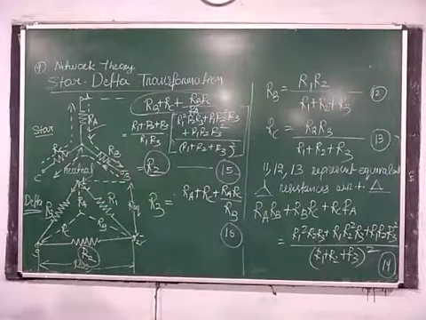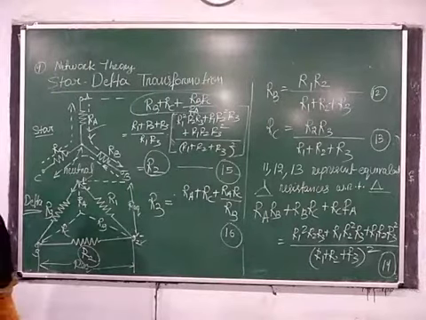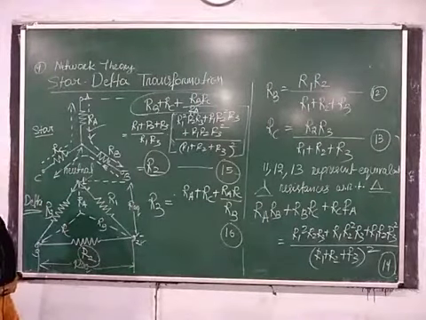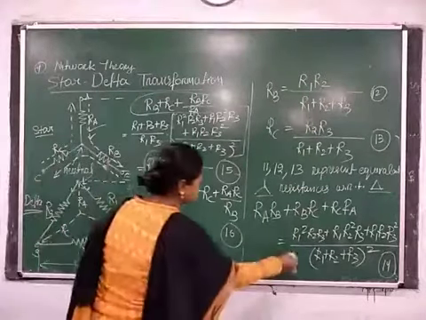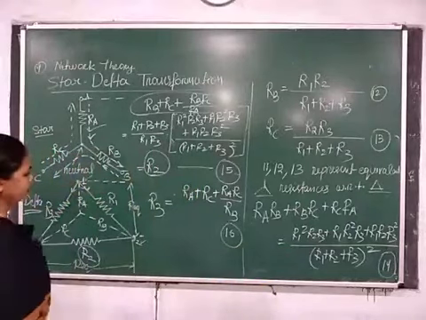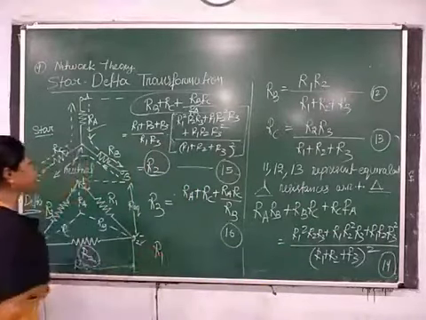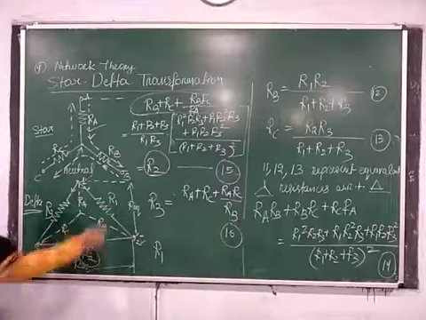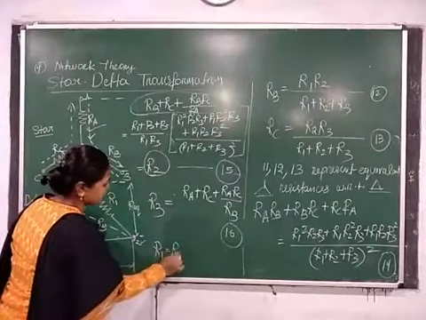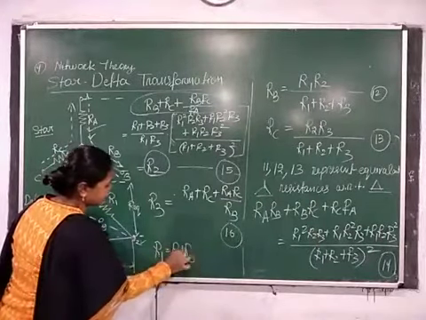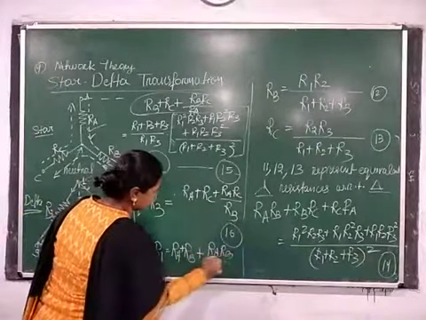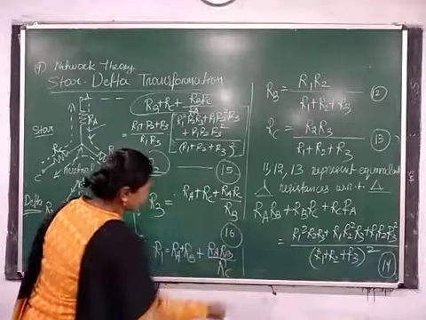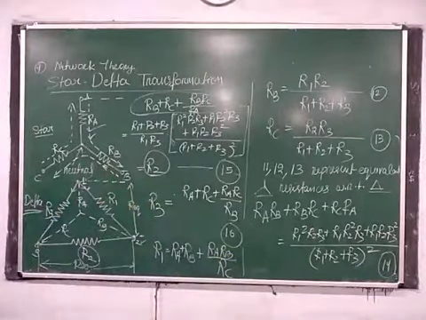Similarly, if you divide by RC in equation 14 on the two sides and put the value of RC in the right hand side of this equation, you will get R1, this one, and its value is RA plus RB plus RA into RB by RC. Clear?